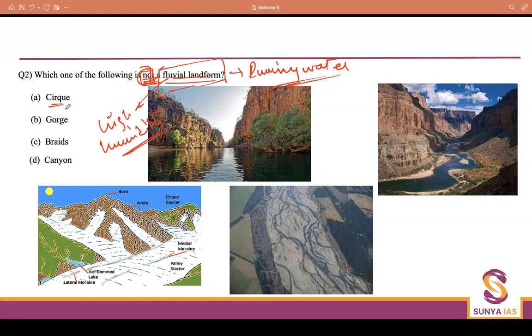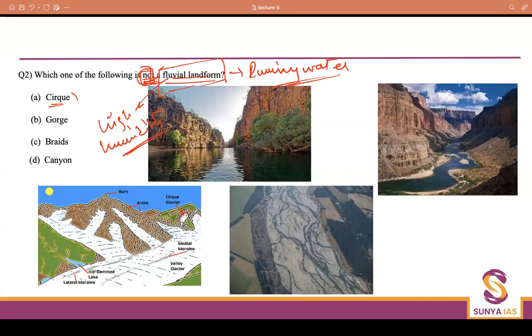The first statement given is cirque. We all know that a cirque is formed in areas with a heavy glacier region, and it is formed due to glacier erosion. So what are cirques? You can see in this diagram, this is your cirque.